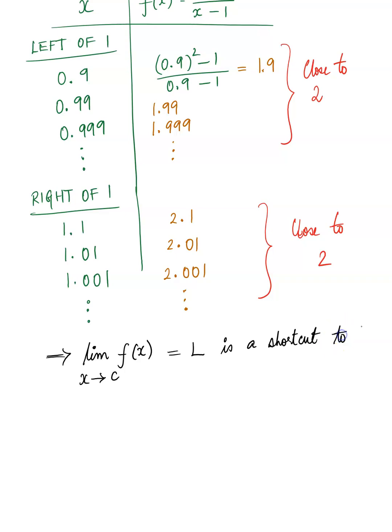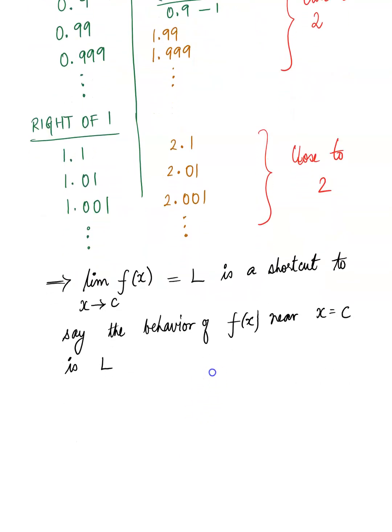to say the behavior of f of x, the behavior of the function near x equals c is L. Okay, this is a general version. So I'm going to translate this for a given problem.